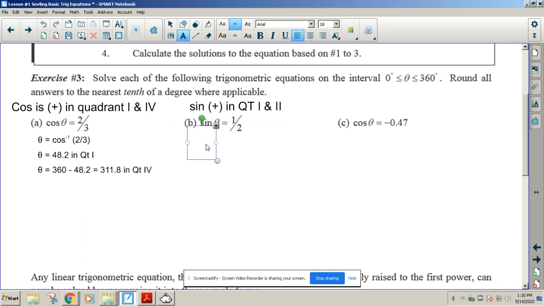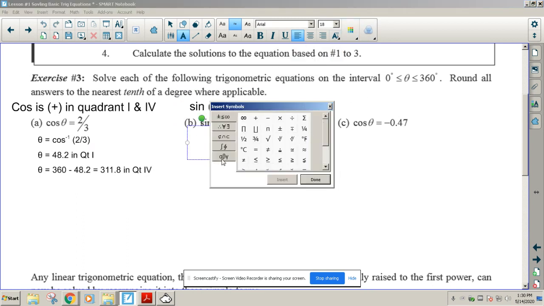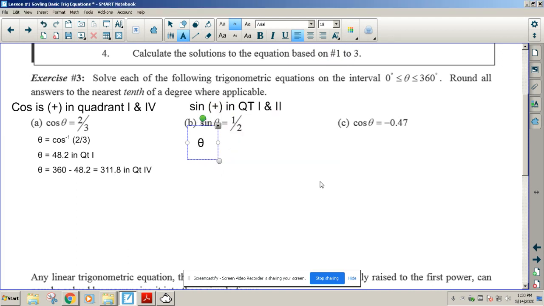So now to solve this equation, my theta is equal to the arc sine of 1/2.